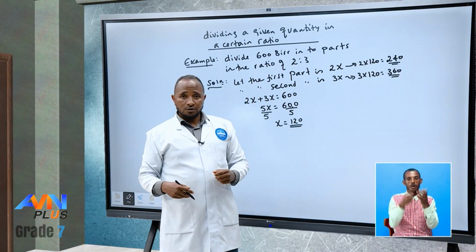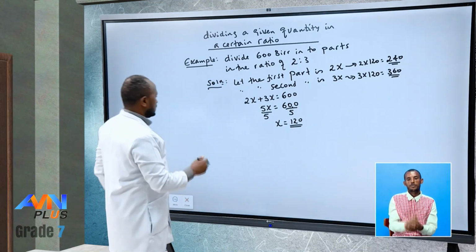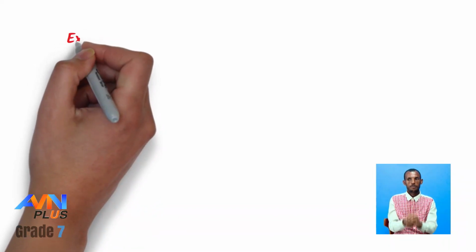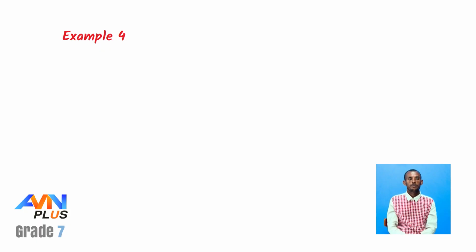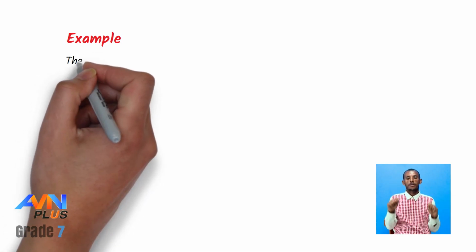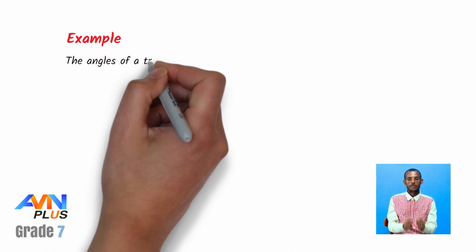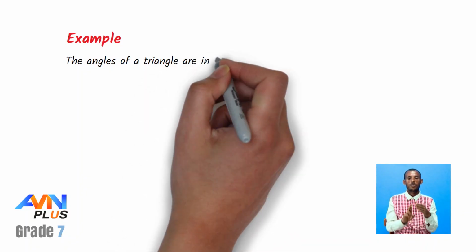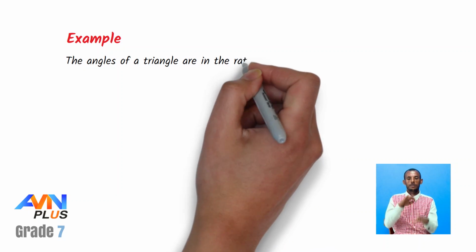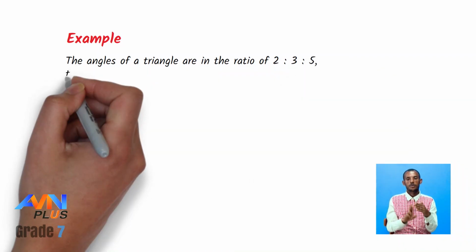So now let's continue to the next example. You'll try this example by yourself. Example 2. The angles of a triangle are in the ratio of 2:3:5.